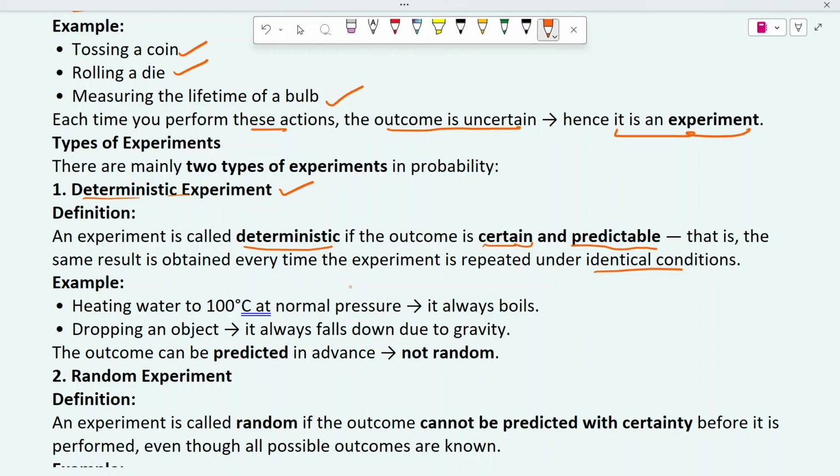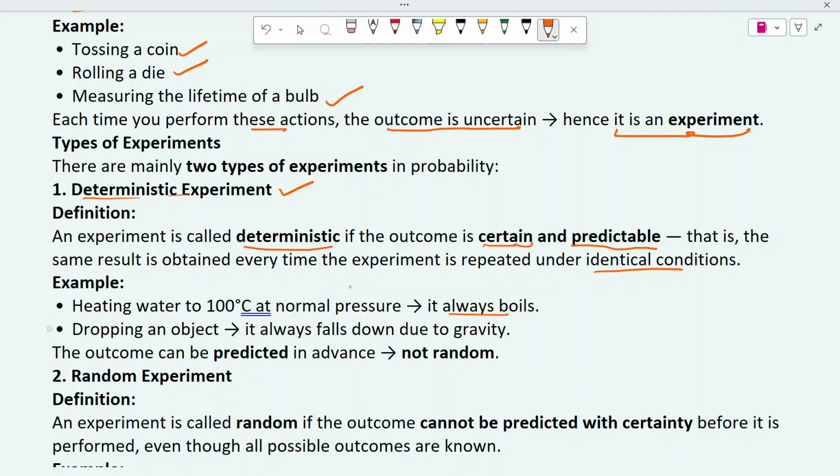An example is heating water at 100 degrees centigrade. Always the water will boil. There is no other outcome. The water will simply evaporate.